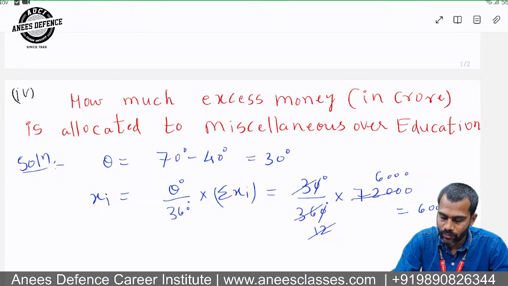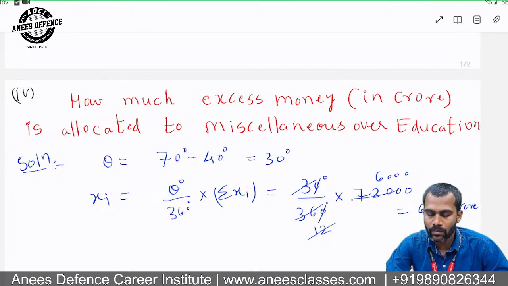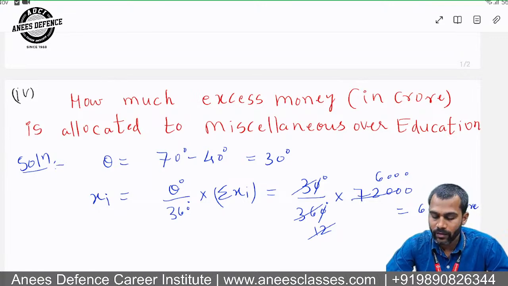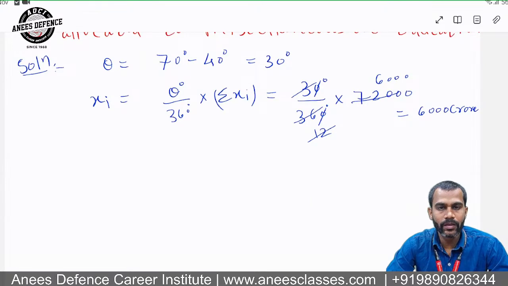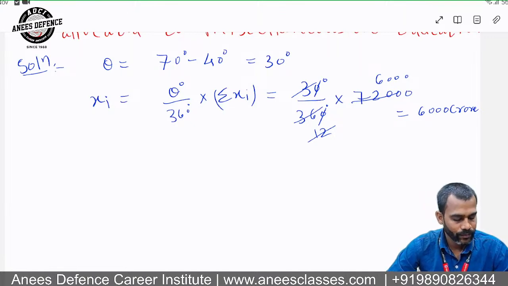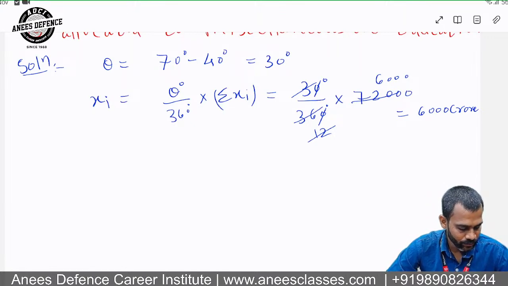So this much extra money will be allocated to the miscellaneous section than the education section. I hope it is clear. Is there any doubt? Students, have you understood? Shall we move to the next question?